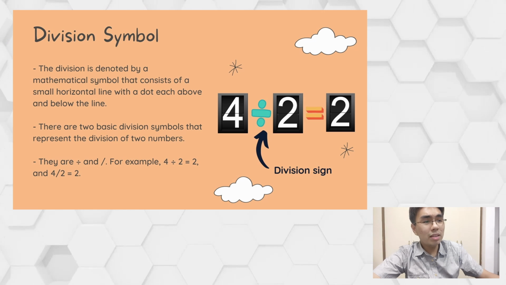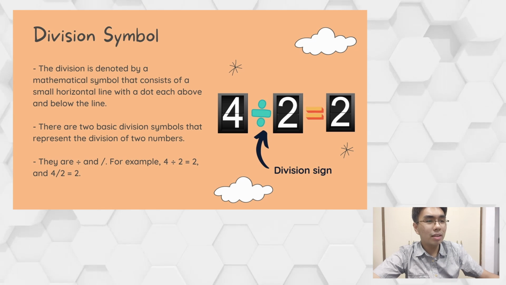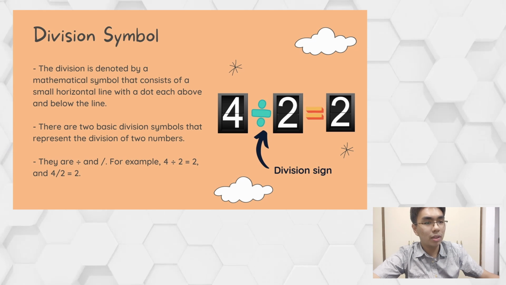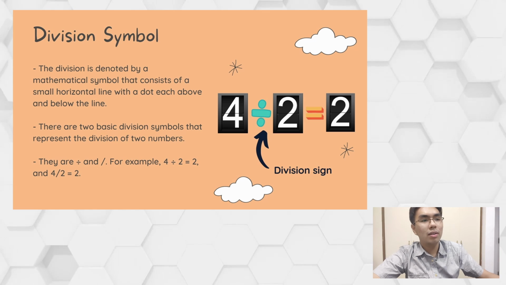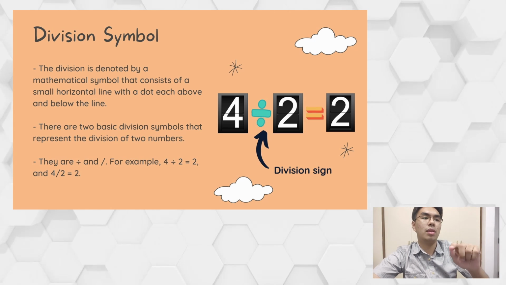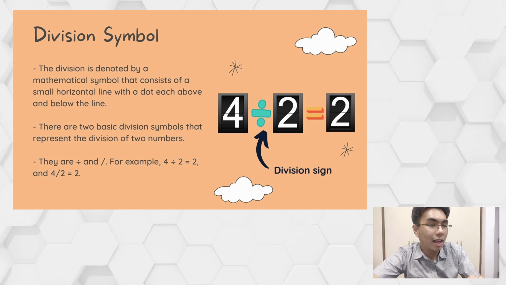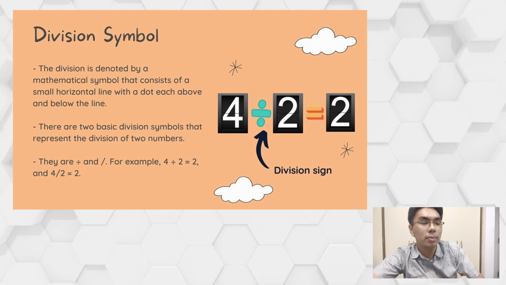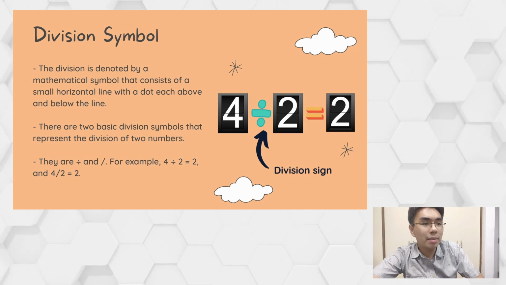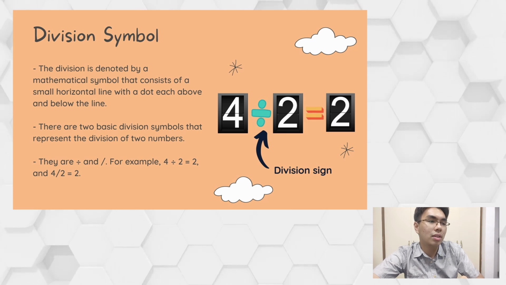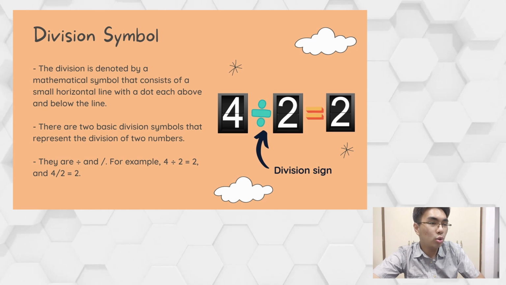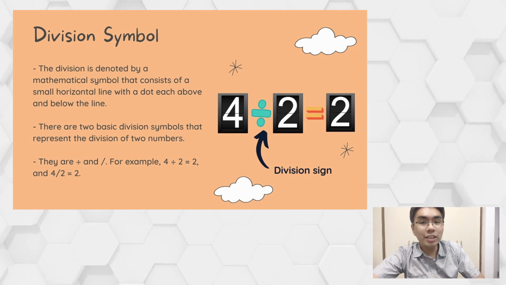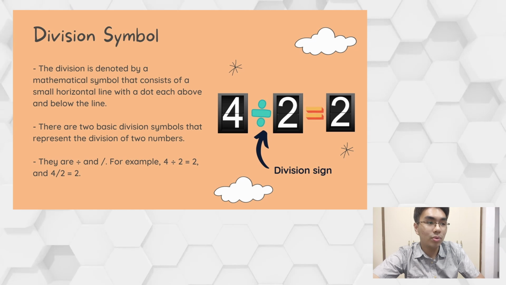There are two basic division symbols that represent the division of two numbers: the one with a horizontal line and two dots above and below, and the slash sign. For example, 4 divided by 2 is 2, and 4 slash 2 equals 2 as well.